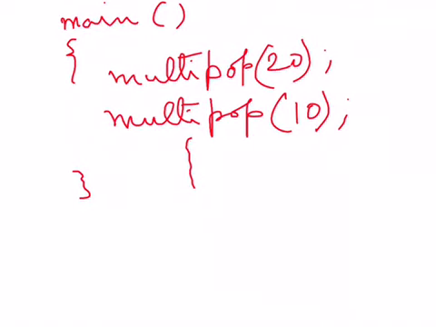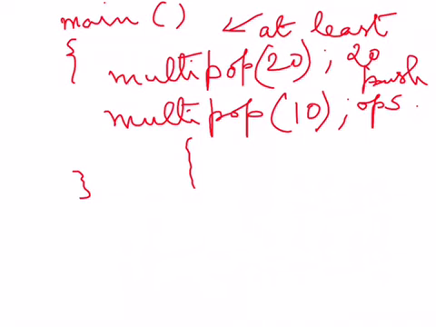Why? Because unless you have pushed the items onto the stack, how can you pop them? And multipop is basically a generalized popping, that is, 20 items you are popping at the same time.